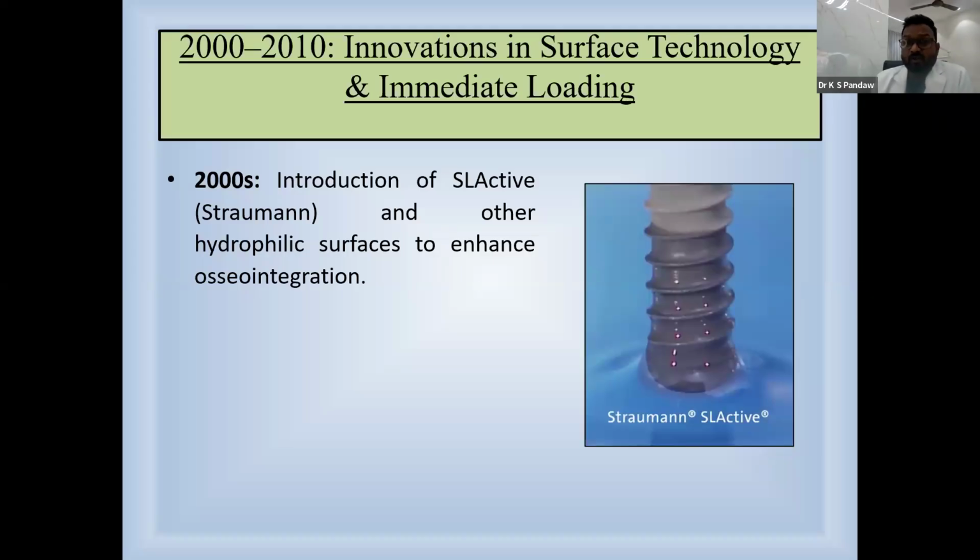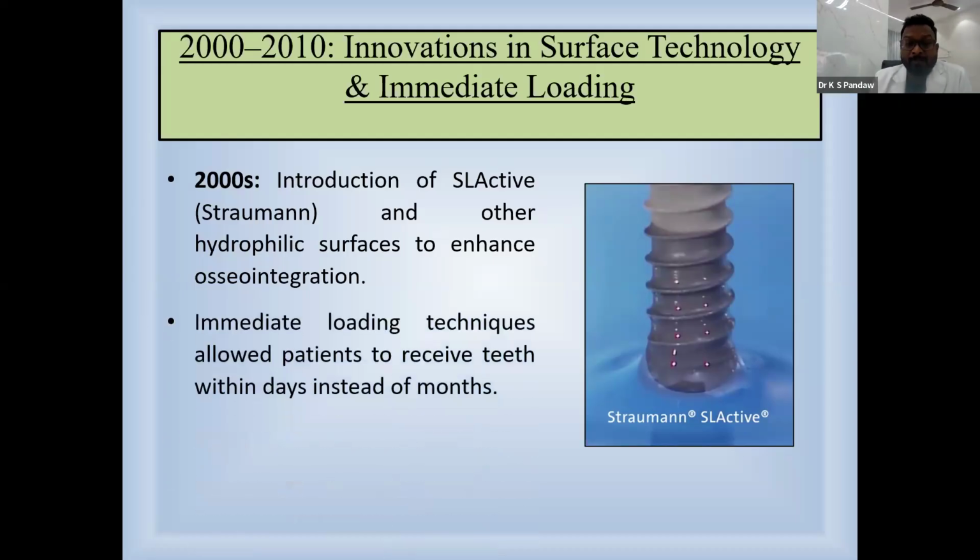Earlier, the implant was only a machined, polished surface implant, but to increase bone-to-implant contact, we roughened the surface by sandblasting, which creates macro roughness, and then acid etching is applied. So this technique is called the SLA technique.